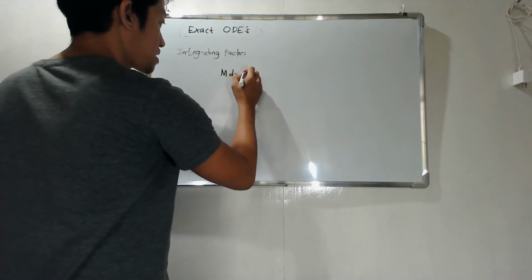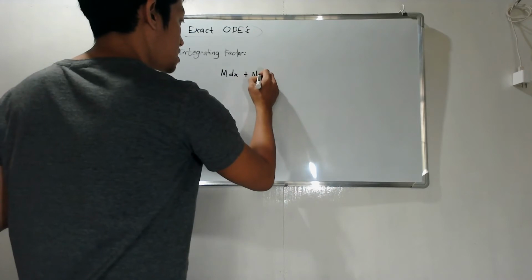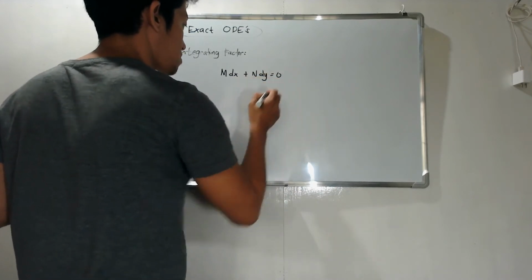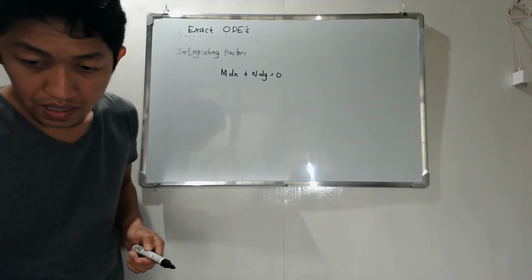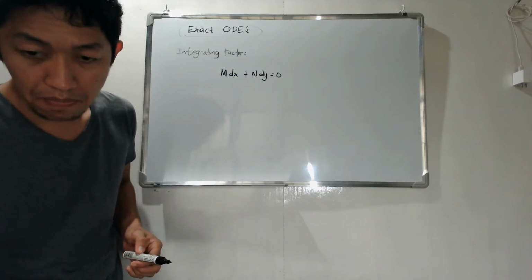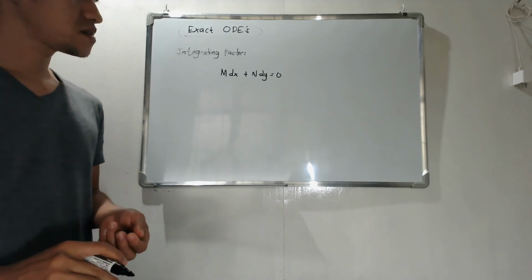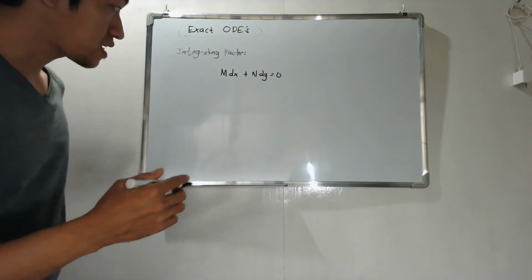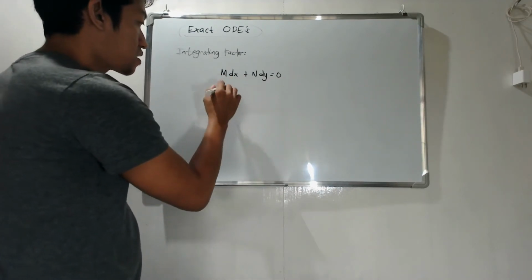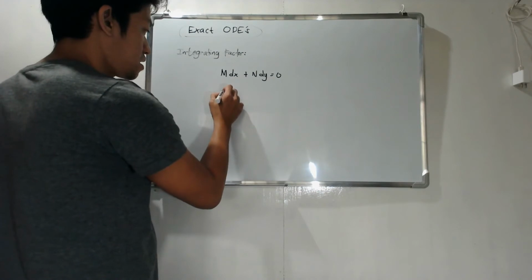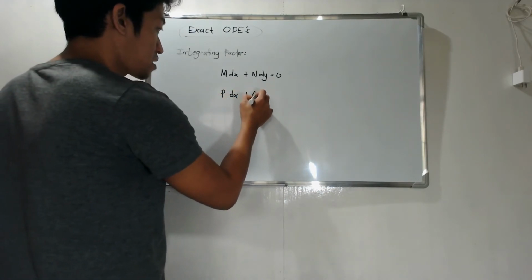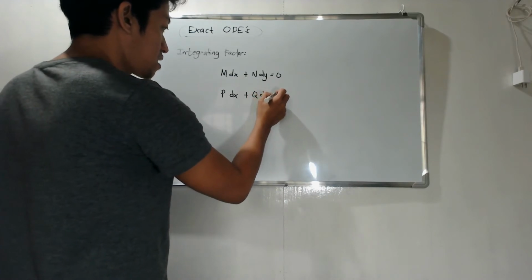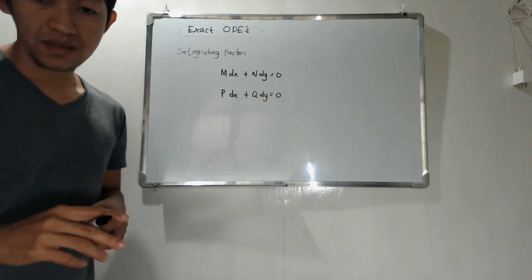M dx plus N dy equal to 0. Okay, let's change the variable. Instead we use P and Q. This is just the same.